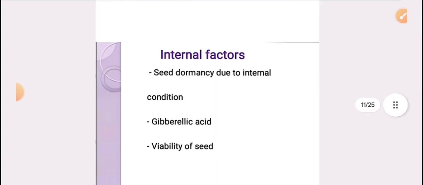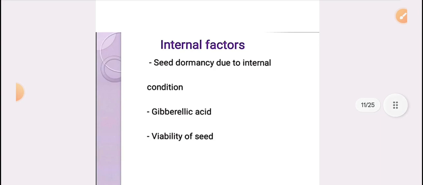In case of internal factors, seed dormancy is one of the important factors which affects seed germination, because in case of a dormant seed, when placed in all favorable conditions for germination, the seed does not germinate because of certain internal factors which cause dormancy of the seed.